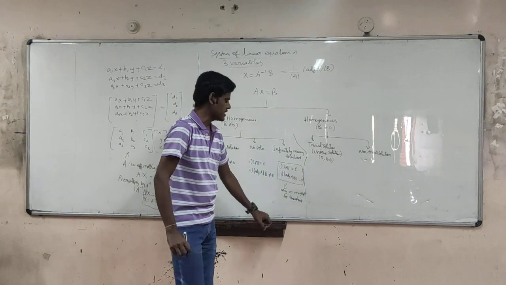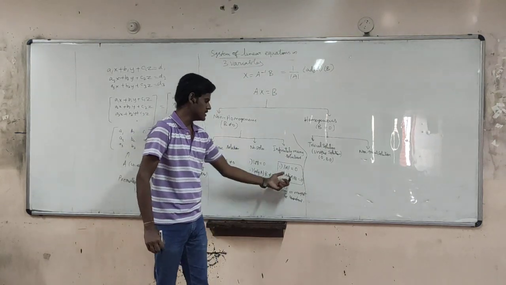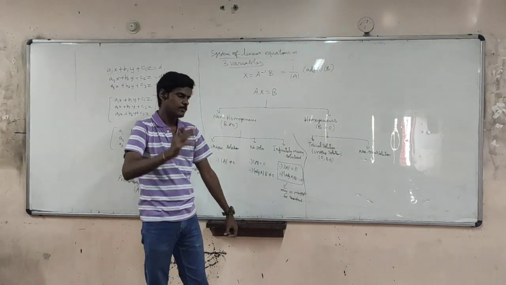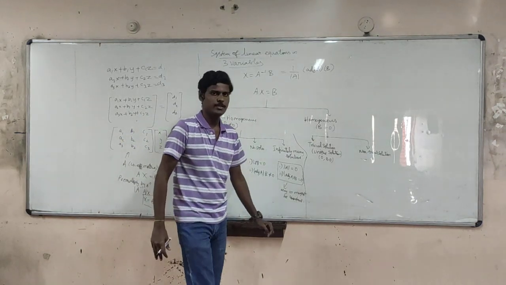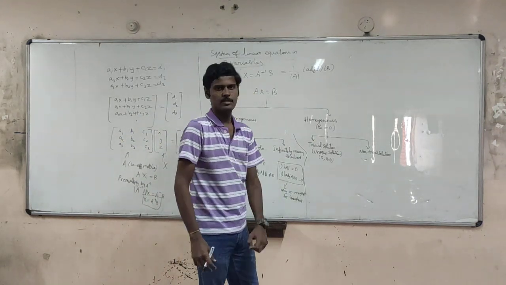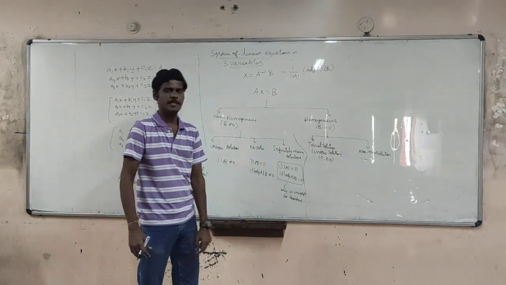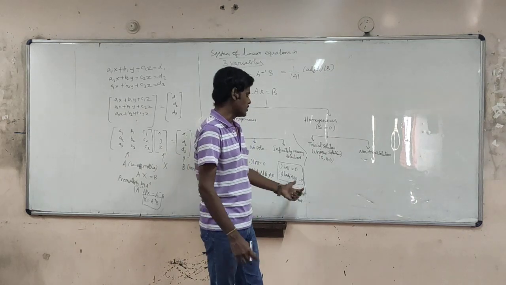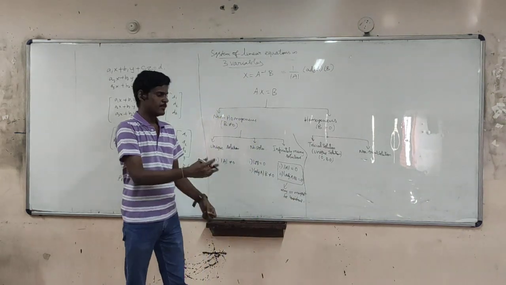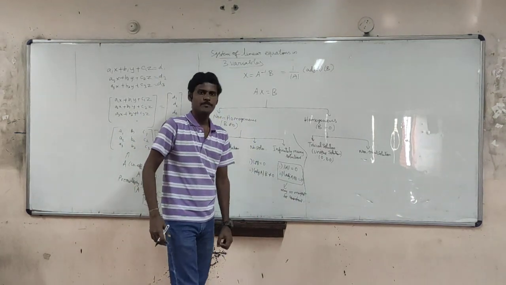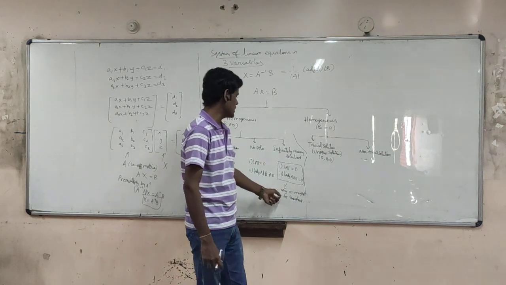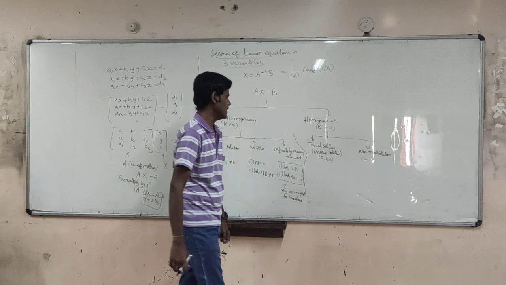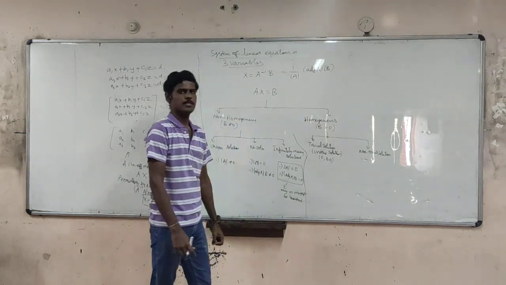This is not sufficient because we need to substitute and see. So we have to use the determinant method, the procedure we learned in determinants. Just substitute one variable equal to t and solve for two equations, and then substitute in the third equation and see if these values satisfy it or not. Only then can we say if this equation has many solutions or no solution.